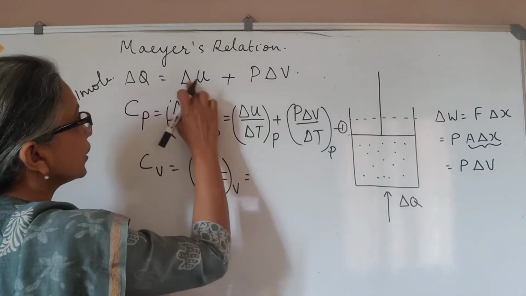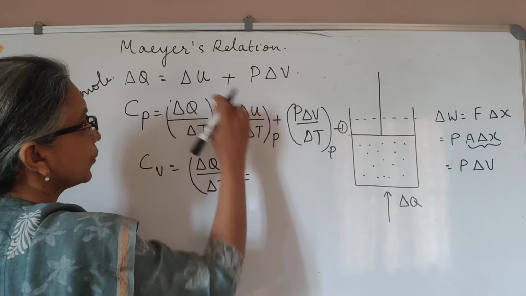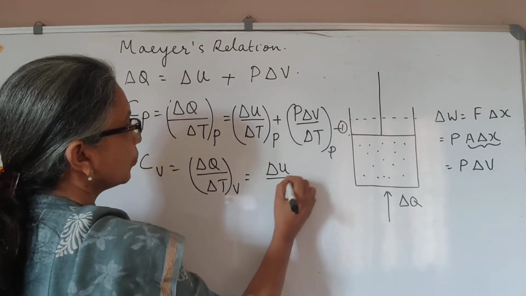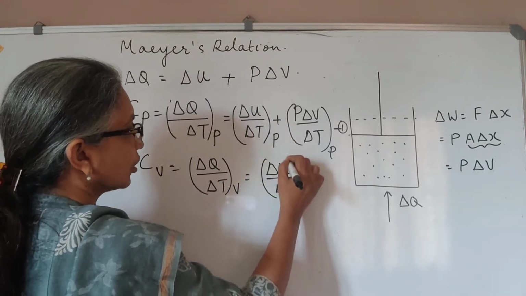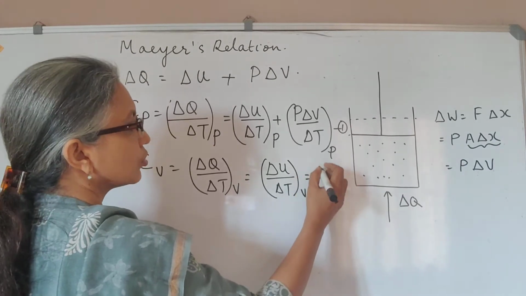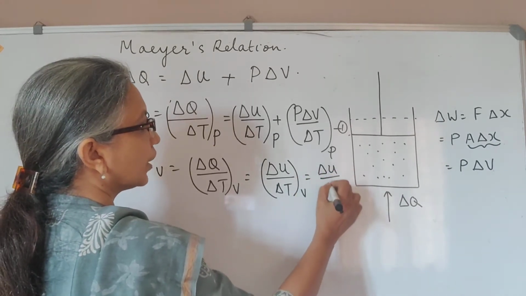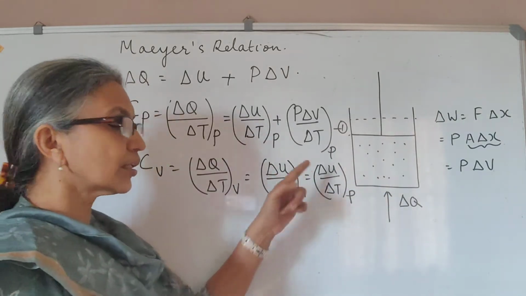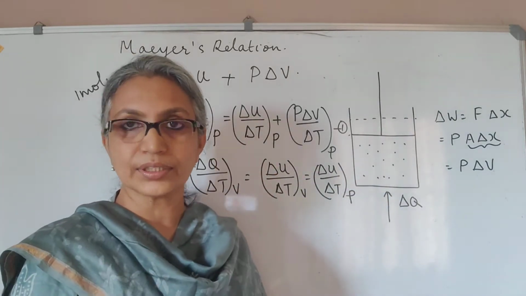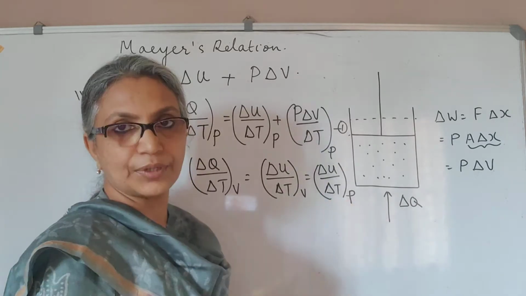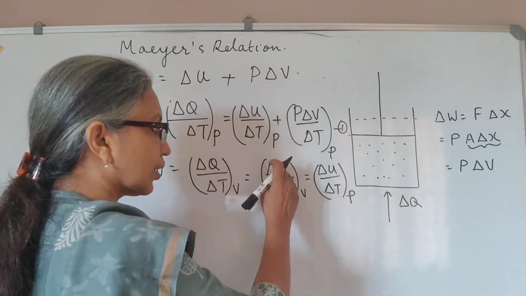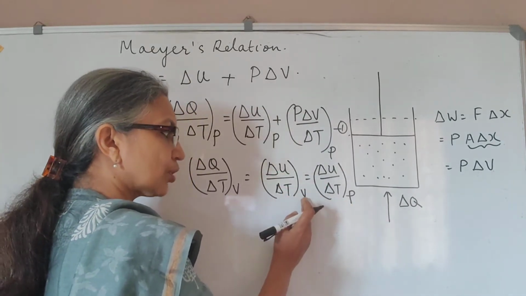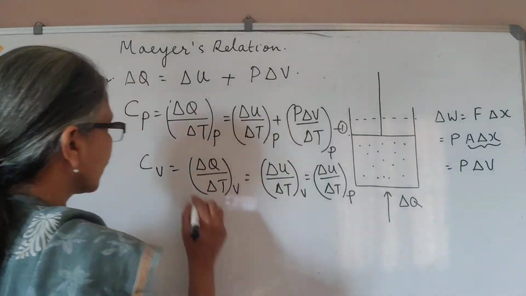Therefore, delta Q by delta T will simply be equal to delta U by delta T at constant volume, which is also equal to delta U by delta T at constant pressure, because the internal energy change depends only on the temperature, not on the volume or the pressure. So the change in internal energy by delta T at constant volume and constant pressure will be the same.